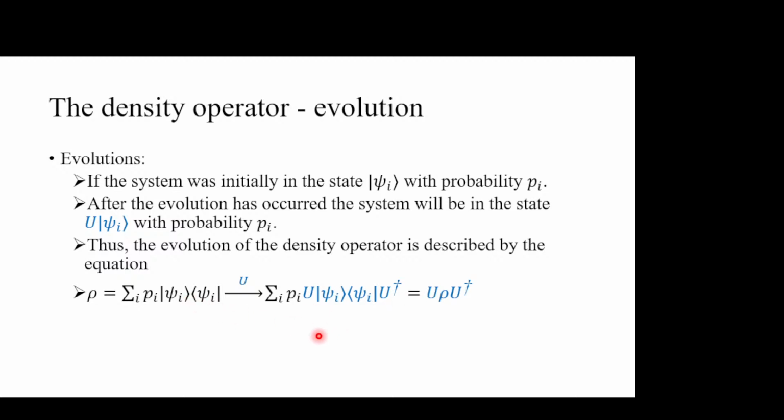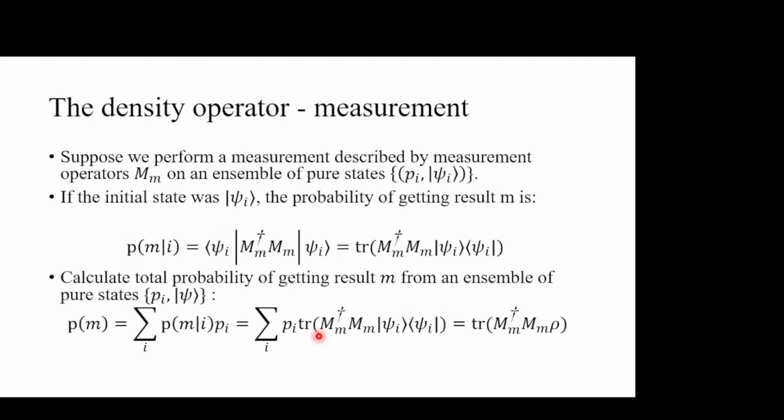Okay, and after evolution, the next thing we want to show is measurement. This is how you get classical information out of the quantum system. We want to show that whatever classical information you can get out of the quantum system is described by your density matrix, and the post-measurement state is also described by your density matrix.